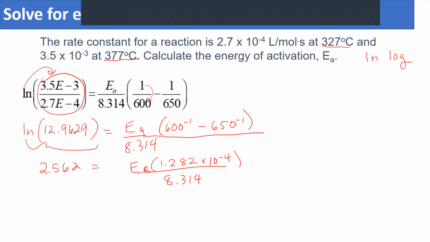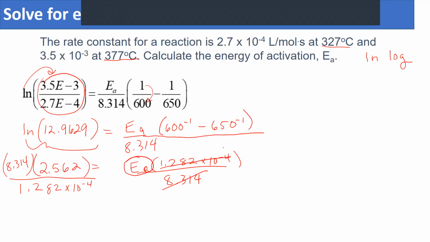All right, so now I'm just rearranging to solve for this variable. I will multiply both sides by 8.314 and divide both sides by 1.282 times 10 to the negative 4.